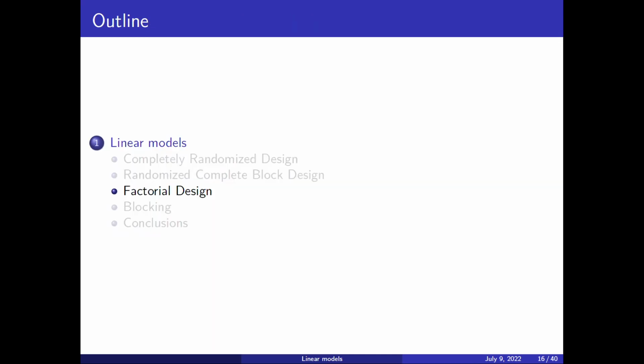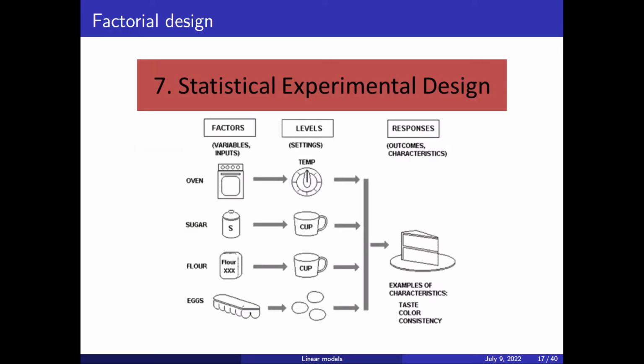Now this idea of trying to explain the variability by different components can be taken even further. This is called factorial design. In the factorial design, we will try to explain our measurements based on a number of factors.